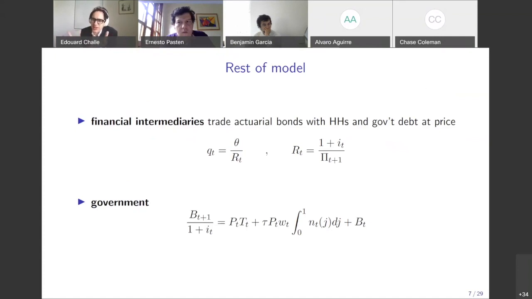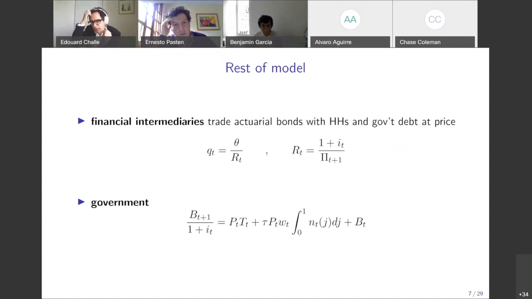There are potentially here two sources of idiosyncratic risk. One is the risk on the labor endowment that I mentioned, but there is also a death risk, because people die with a constant probability. And we are assuming essentially that this death risk is completely diversified through the trade of these actuarial bonds.